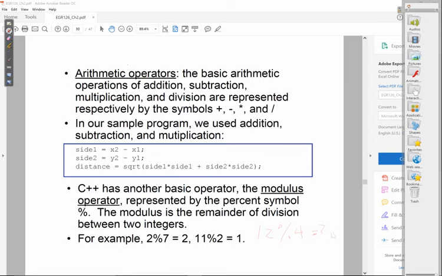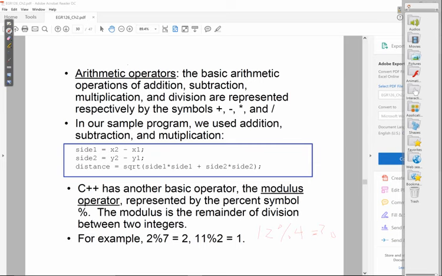I ask myself, is the modulus of 12 and 4 equal to 0? If it is, what does that mean? It means I could divide 12 by 4 and get a remainder of 0. And if I have a remainder of 0, then that means 12 is divisible by 4. So that's another way of using the modulus operator.